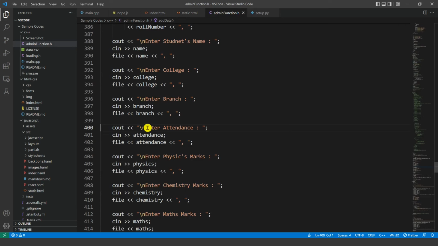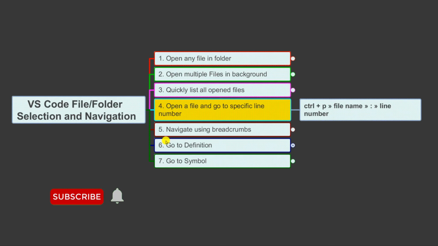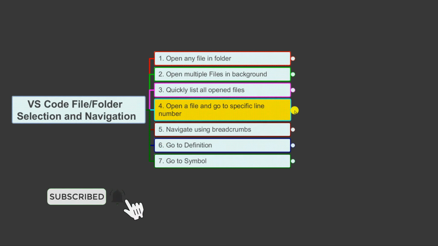You can see it not only opened that file, but it went all the way to line number 400. So it can definitely save a good amount of time as you navigate through many files over your development. All right, so that is tip number 4.